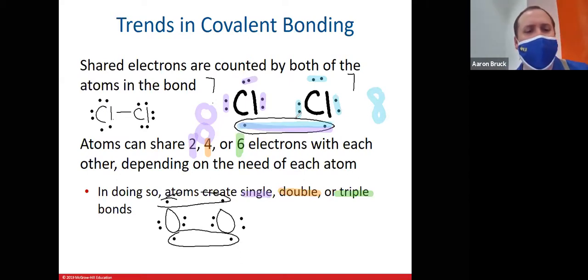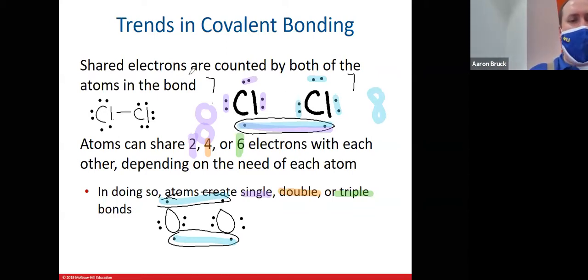I would see that there are 4 electrons in total being shared. Those 2 here and those 2 there. 4 electrons being shared, we call that a double bond.